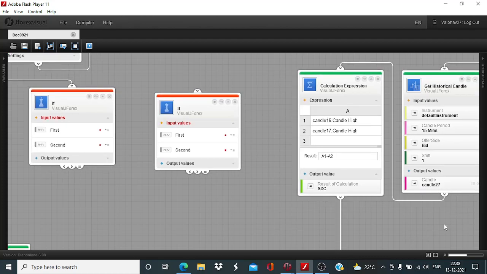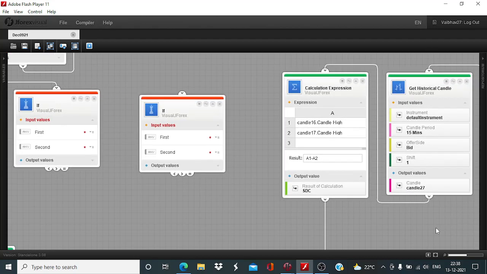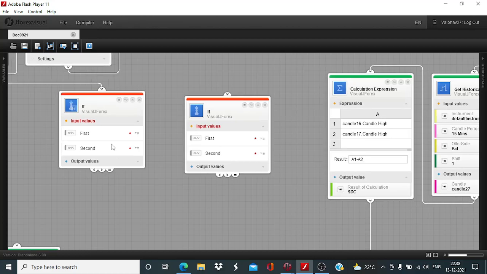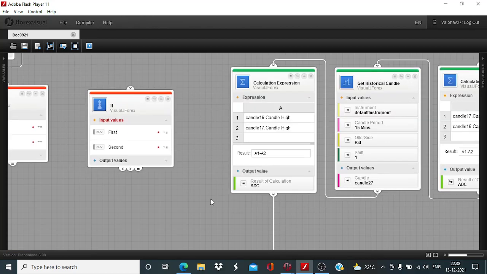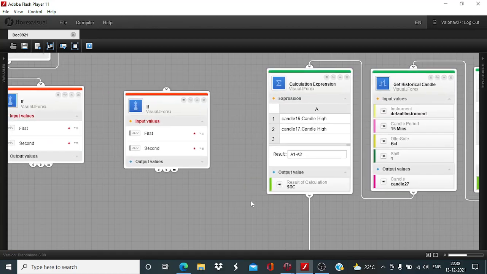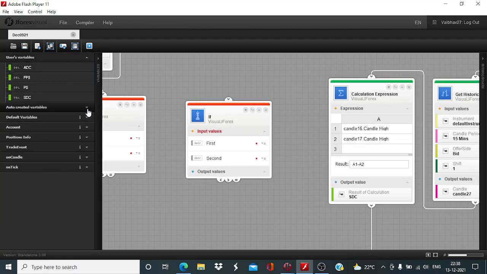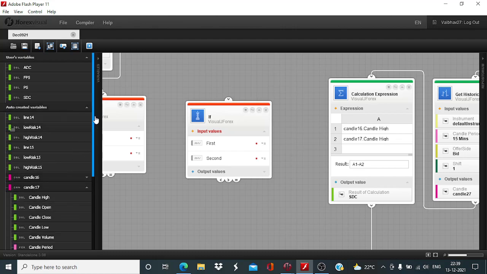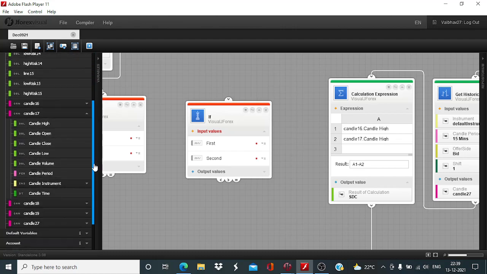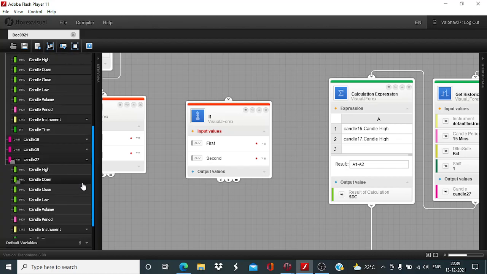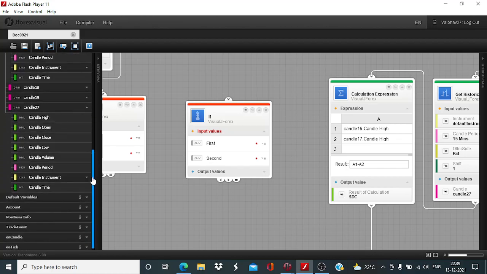So we have to consider candle 27 candle close as the common input for both these blocks. Auto created variable. Candle 27 candle close.